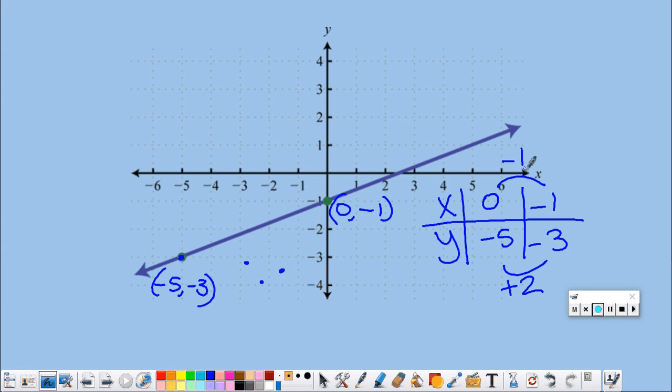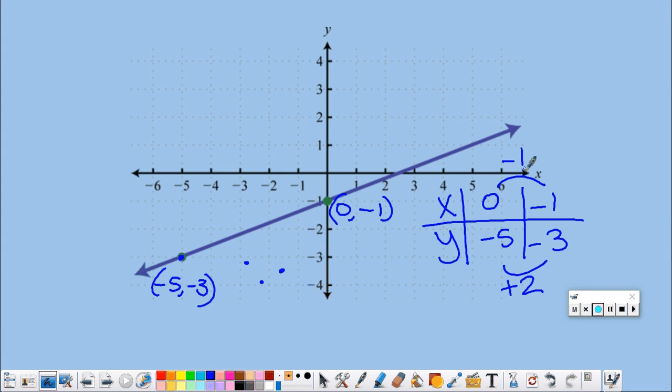Okay, so now what do I do? Divide what? I need to divide which 2 numbers? The 2 and the -1. Okay, which is my numerator? The number on top.